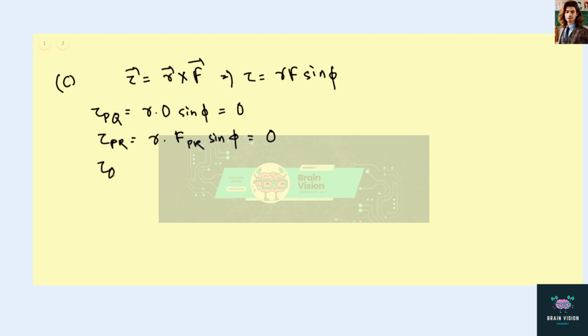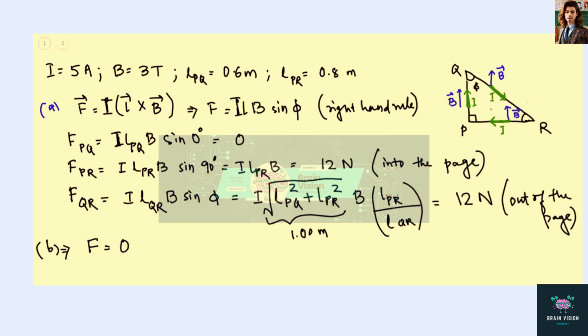And for torque about the segment QR, we have R times FQR times sine phi. So R is basically the center of this from the PR axis.